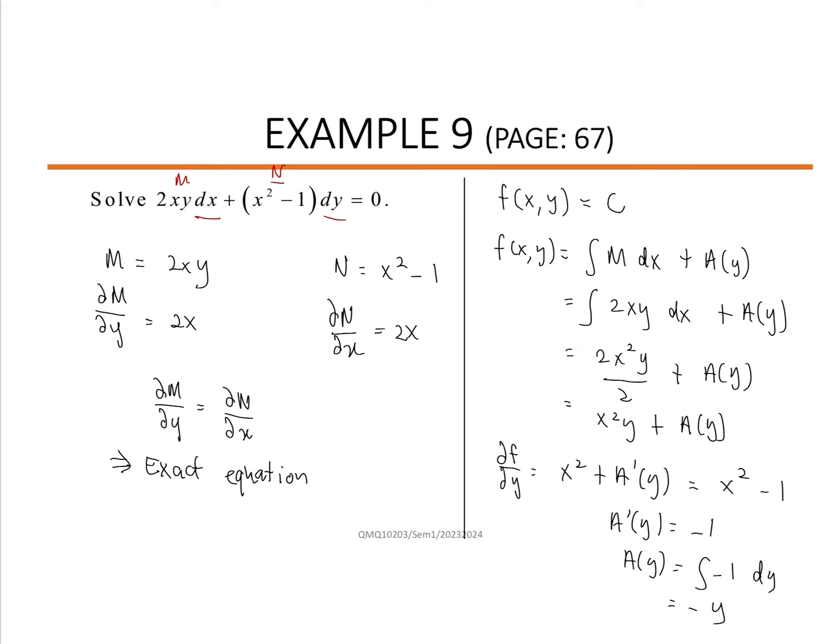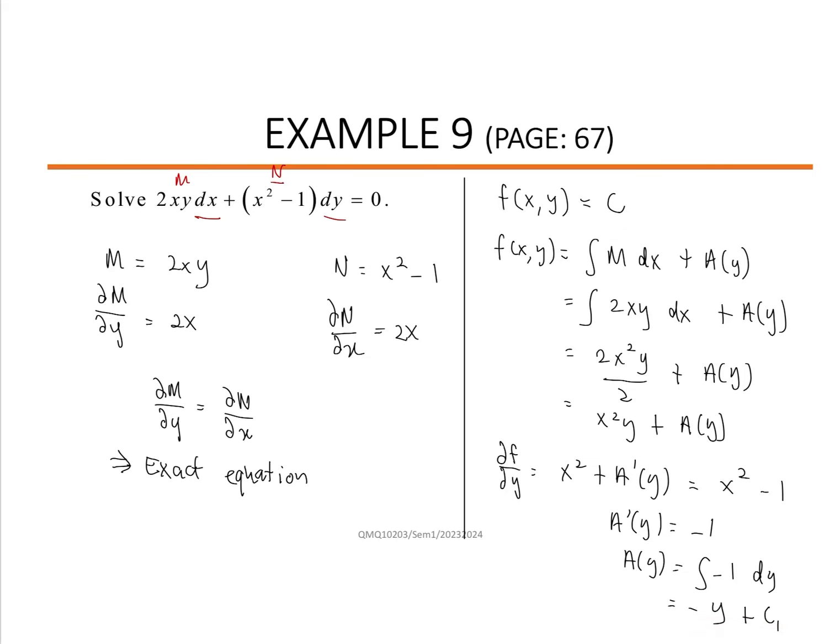Actually, here we have a constant of integration, let's say c1. But you don't need to put this one, because lastly you will carry it over to the right hand side. So we know that A(y) is negative y plus c1. Substitute into the function f(x,y): f(x,y) equals x squared y plus negative y plus c1, and this is equal to c.